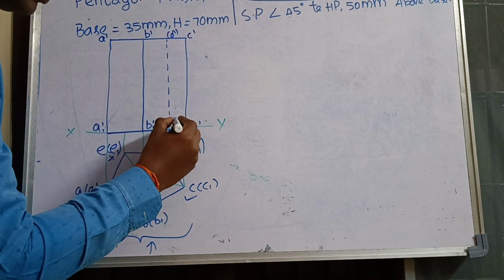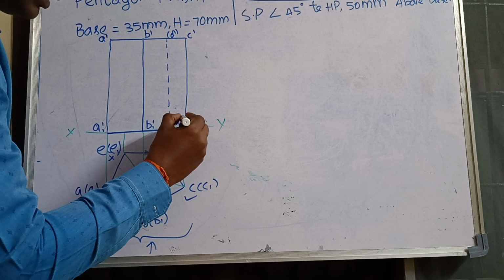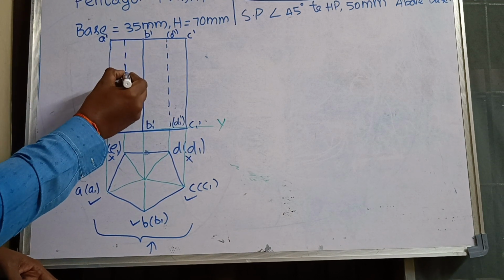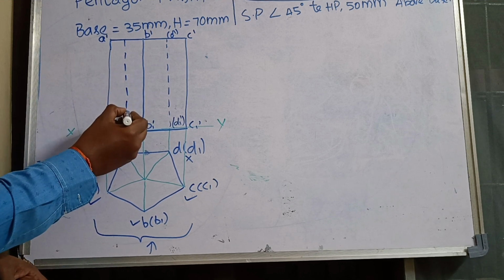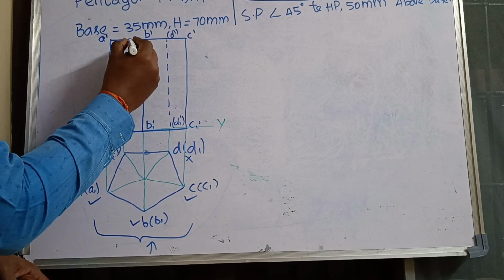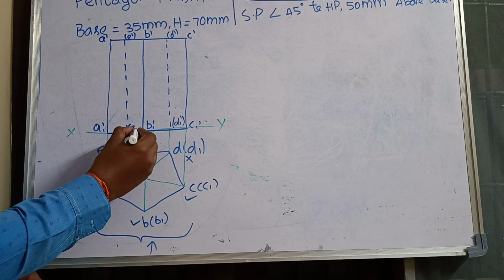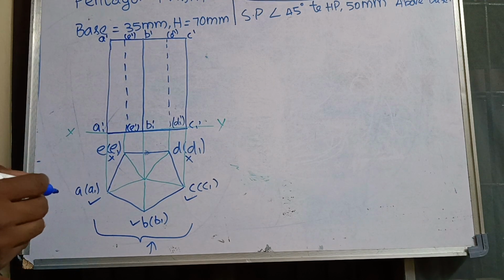D dash inside the bracket, D1 dash inside the bracket. Next here E1 long edge, E dash inside the bracket, E1 dash inside the bracket.